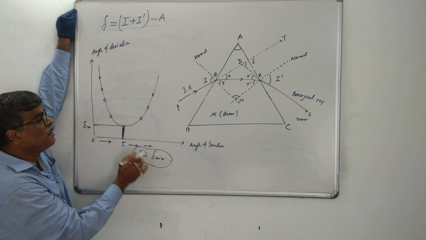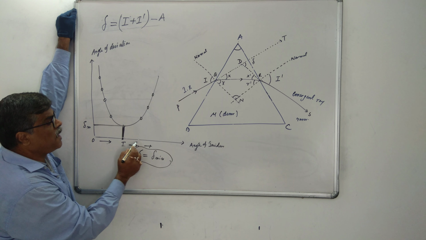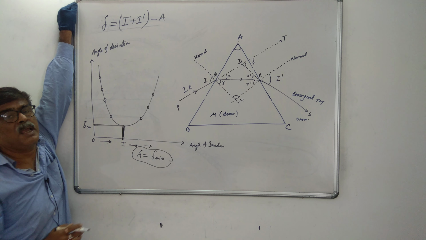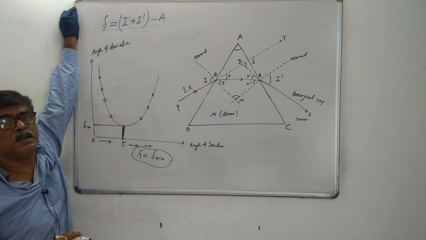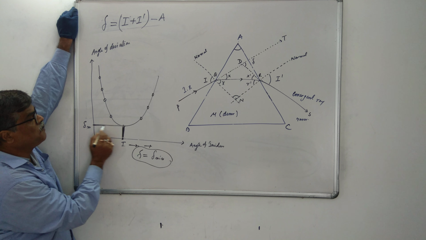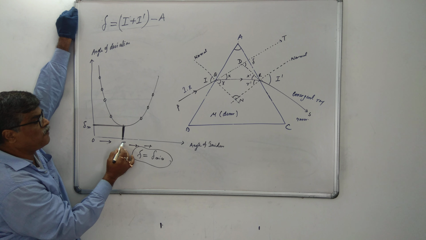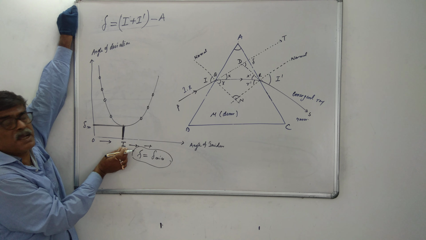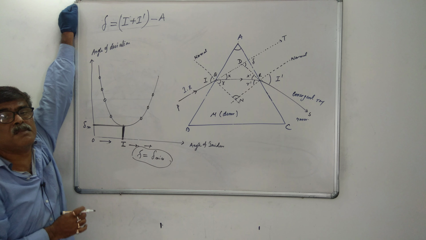Now, after this value, if the angle of incidence increases, the angle of deviation again increases. Remember, the angle of minimum deviation occurs for a particular value of I. This is the unique value of I for which the angle of deviation is minimum.